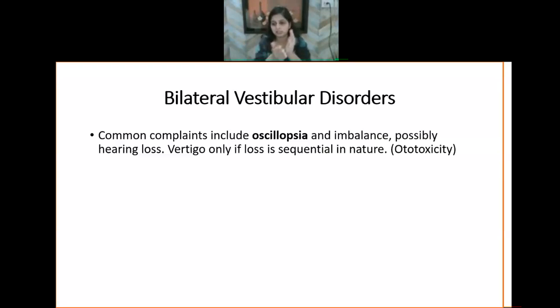Now, the vestibular system is a sensory organ, okay? We do not call it a special sensory organ the way we say vision, taste, hearing are special senses. But vestibular is also very special and very complex.